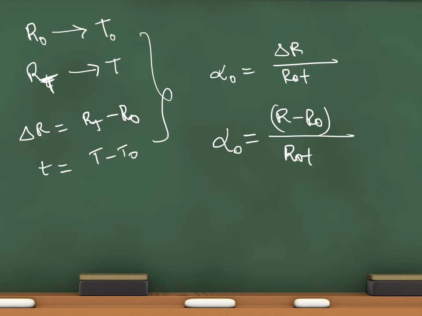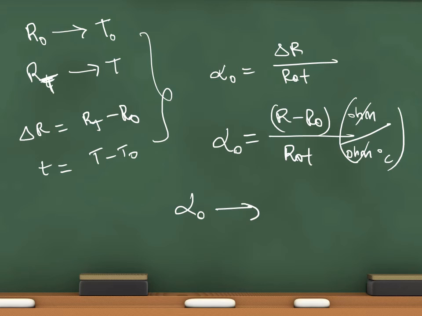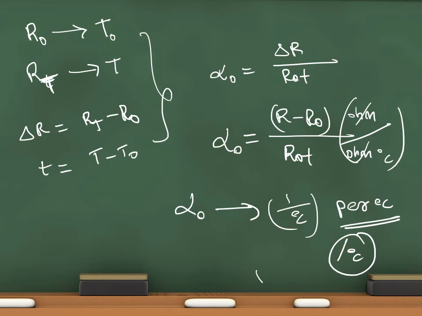What will be the units? The numerator can be expressed in ohms, and the denominator in ohm degree centigrade. The ohm will get cancelled, and the unit for alpha will be 1 by degree centigrade, that is, per degree centigrade.